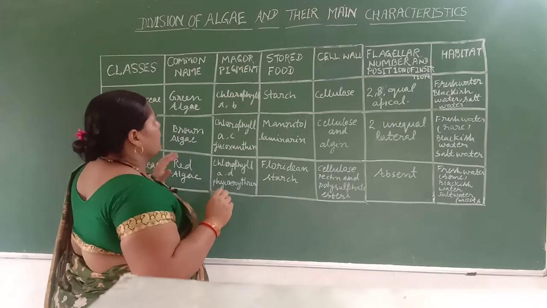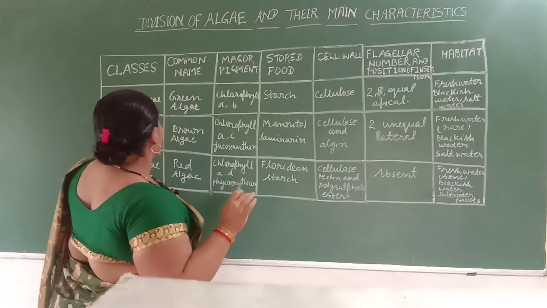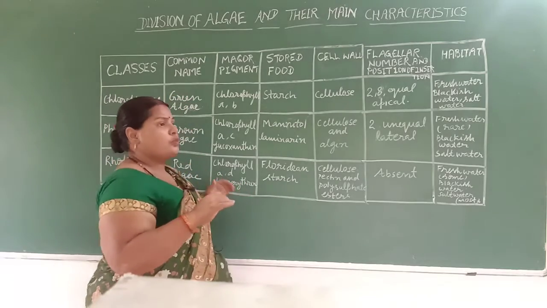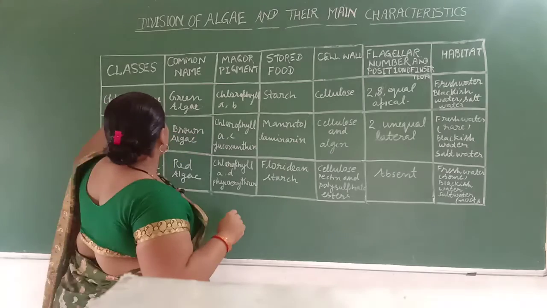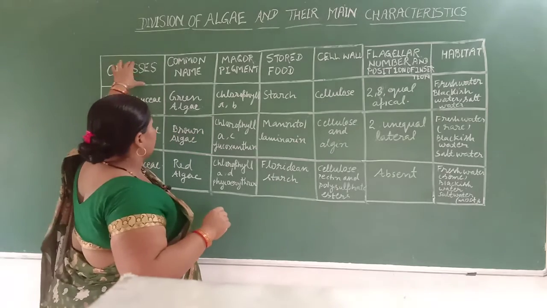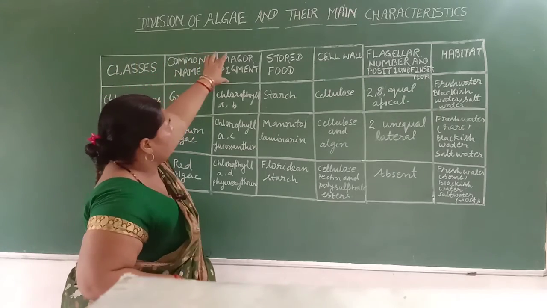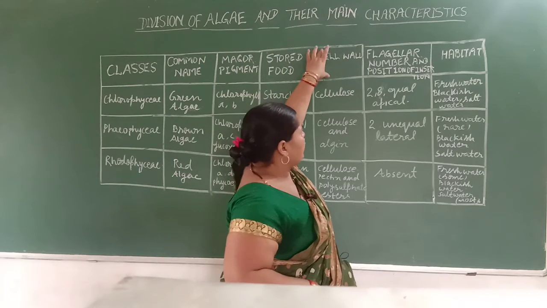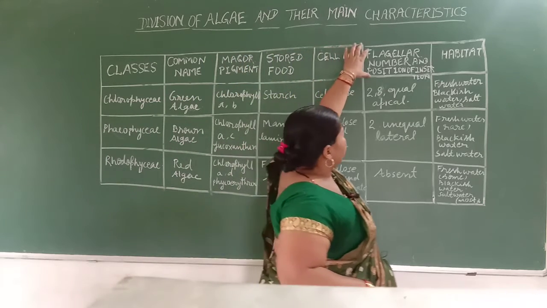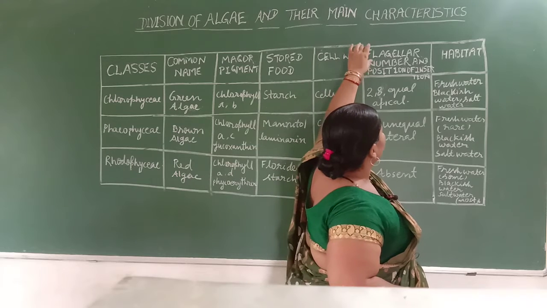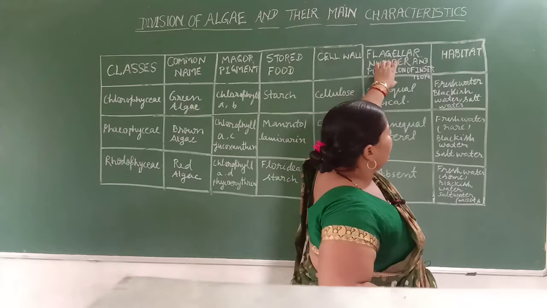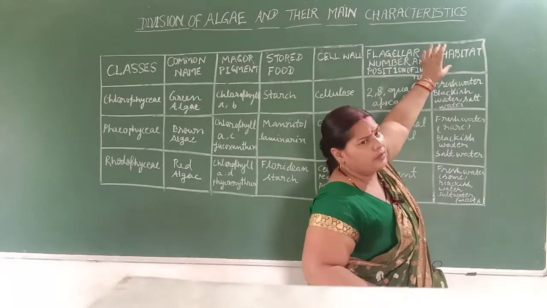So students, you see here different divisions and the main characteristics of the different groups of algae. First is the division into classes, second common name, third major pigment, fourth storage food and cell wall. Next is the flagellar number and the position of insertion, and last is the habitat.